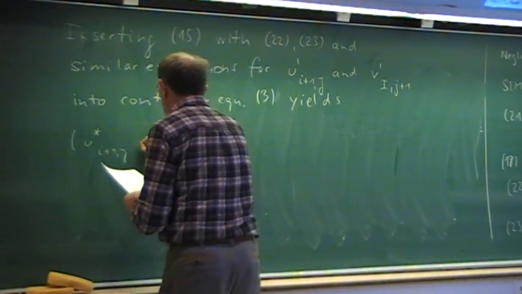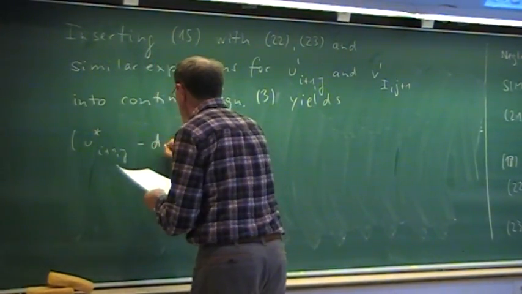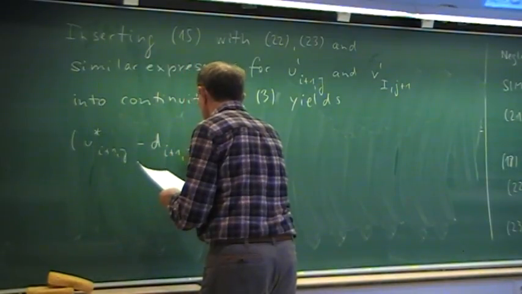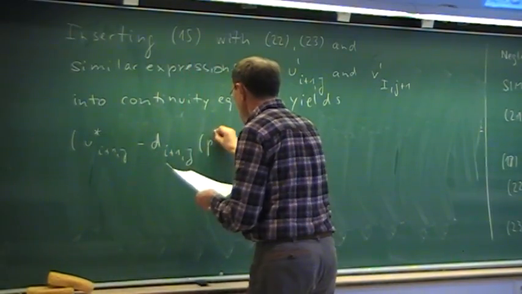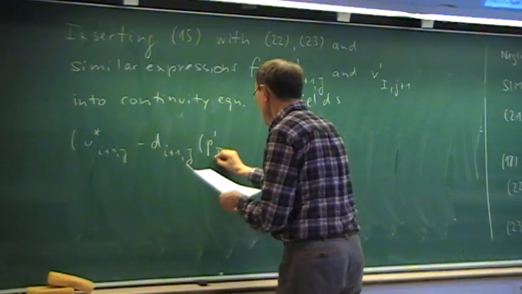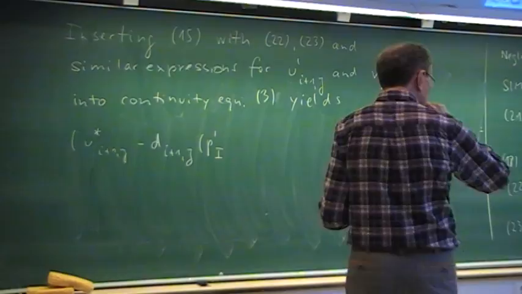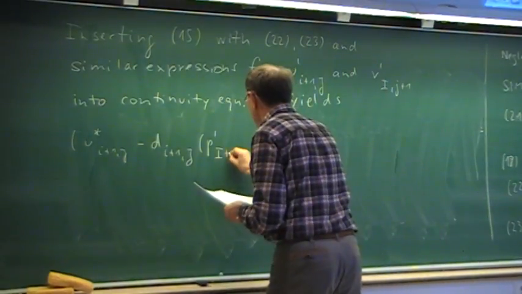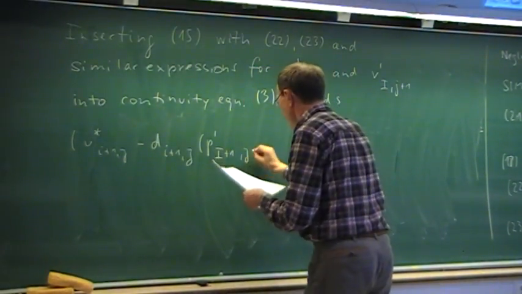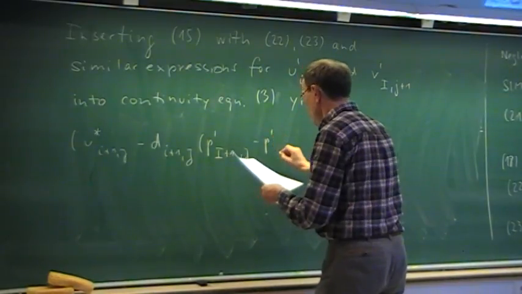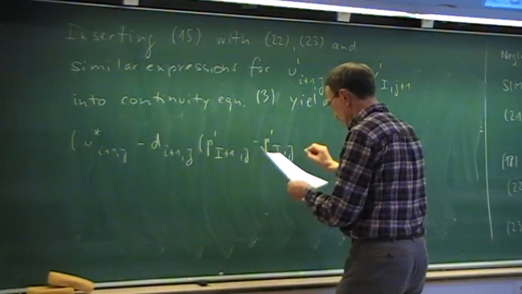So the u prime is then minus d i plus 1 j times the pressure difference, p prime at i plus 1 j minus p prime at ij.